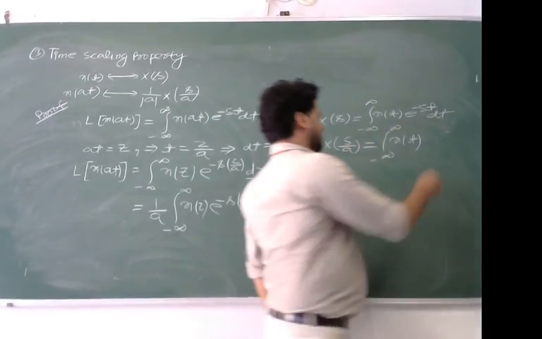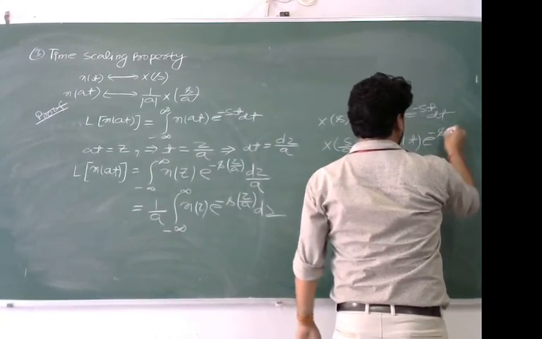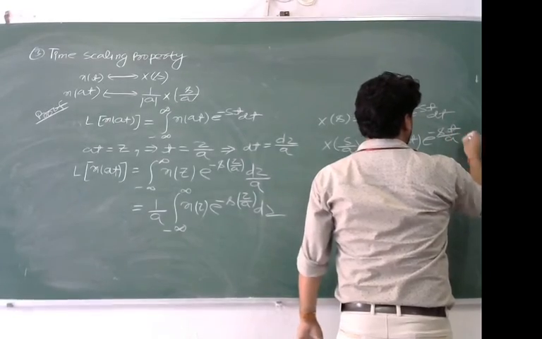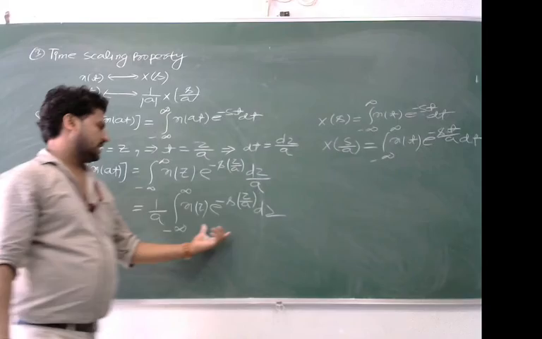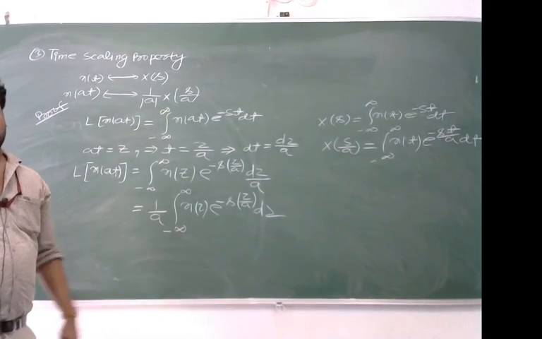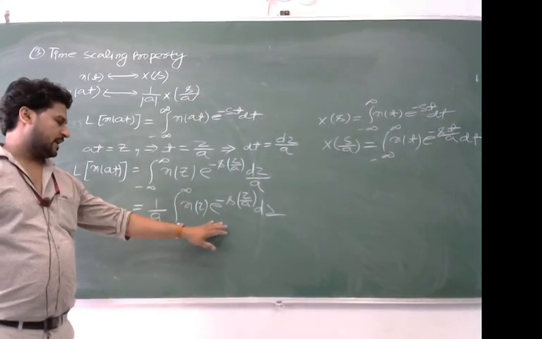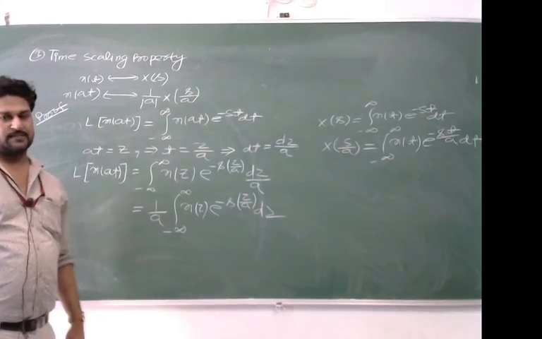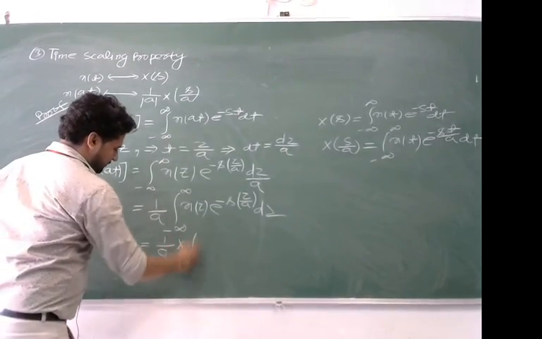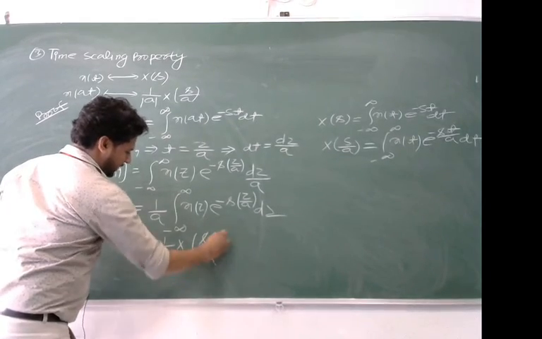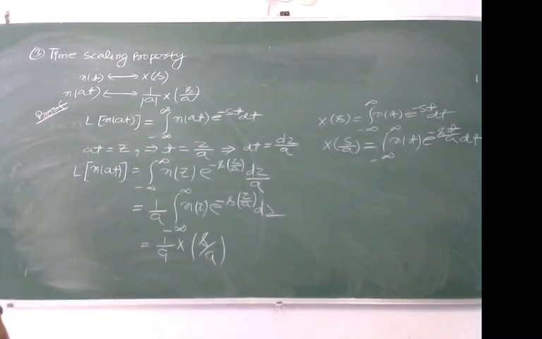So this will become e power minus s into t by a dt. The same relation is here. It means that this can be written in the form of X of s by a. So this will become 1 by a into X of s by a. This is the time scaling property of the Laplace transform.